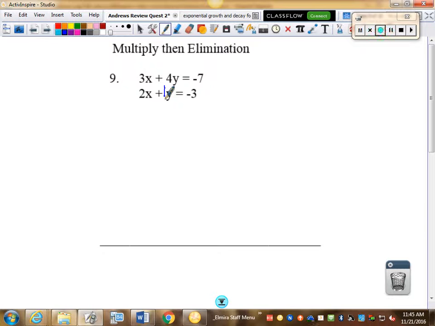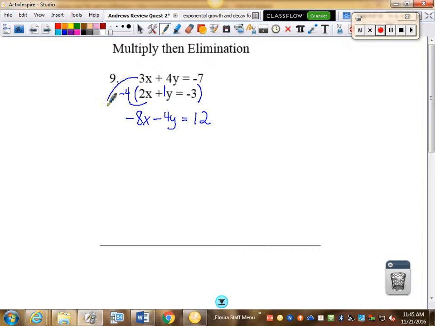Well, the easiest way to do it, not the only way, would be to take the second equation and multiply by negative 4, because that would make this middle term negative 4y. And then it could cancel out with the plus 4y in the first one. So that would be negative 8x minus 4y equals positive 12.